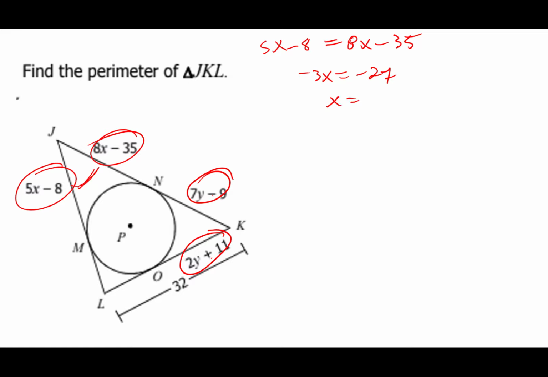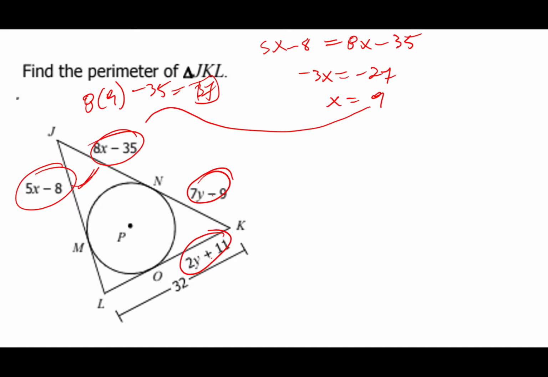So x is going to be equal to 9. Now if I plug this in right here, 8 times 9 minus 35 gives me a total of 37. So this right here is going to be 37.